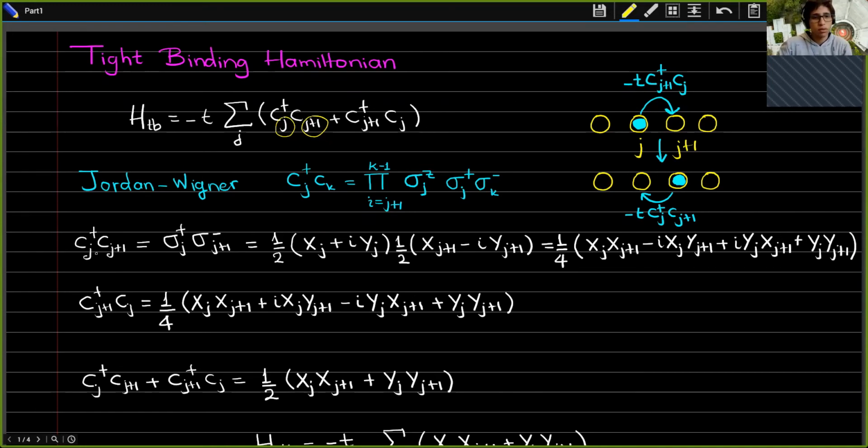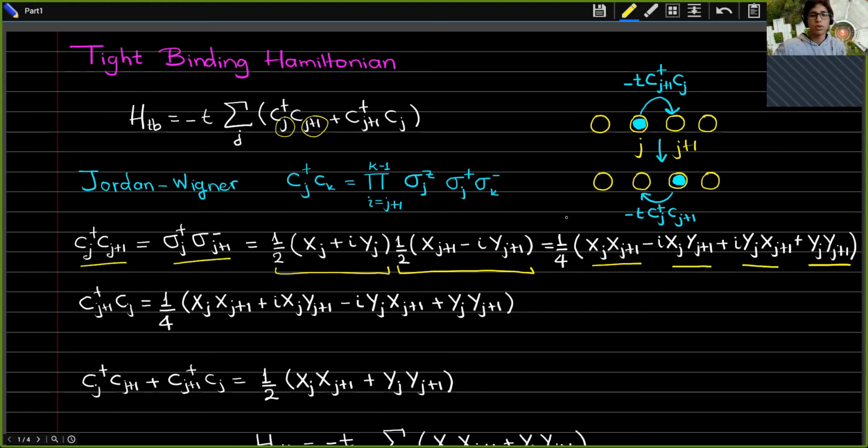So for the case of the first term, c_j dagger c_j plus 1, it's going to be mapped into just the product of sigma plus and sigma minus. By definition, this sigma plus is given by x at the jth site, x_j, plus i y_j. And for the sigma minus, it's going to be with a minus sign in the middle. So after doing the multiplication, we get couplings between x operators, couplings between y operators, and some other couplings between x and y.